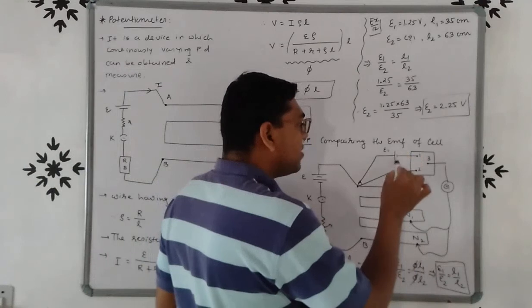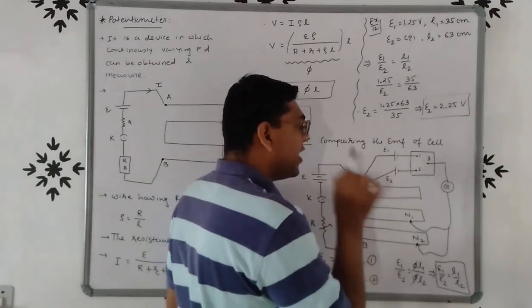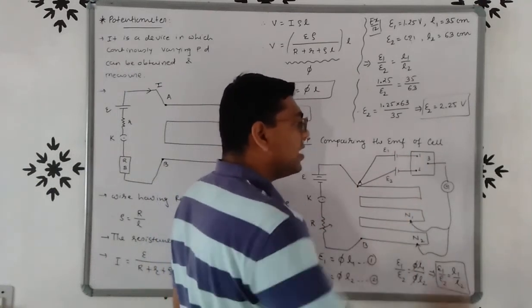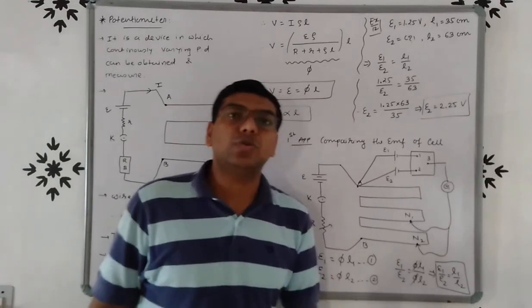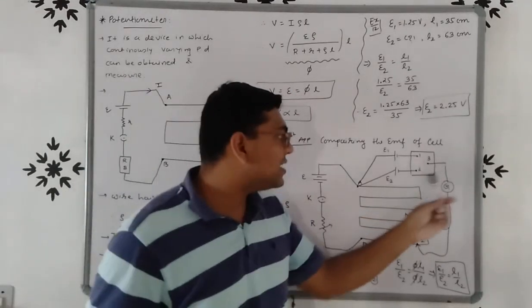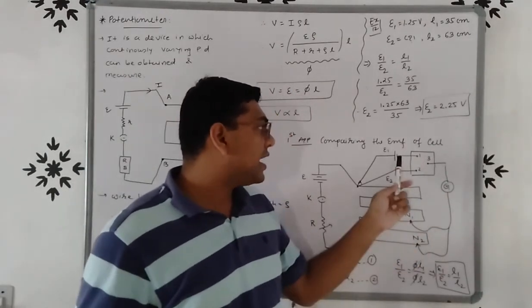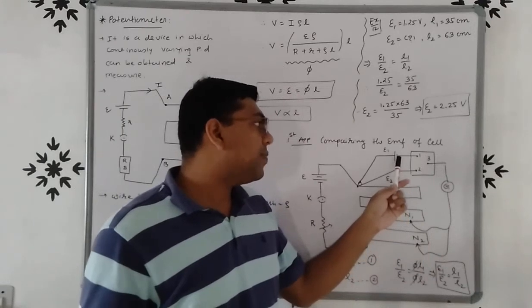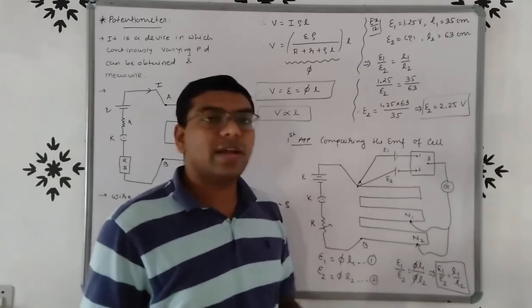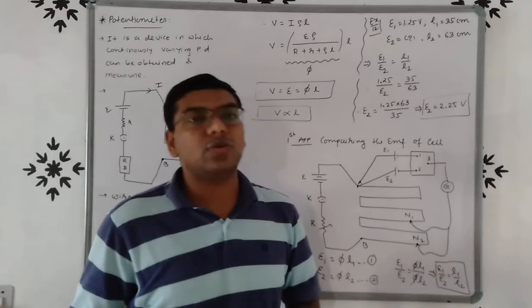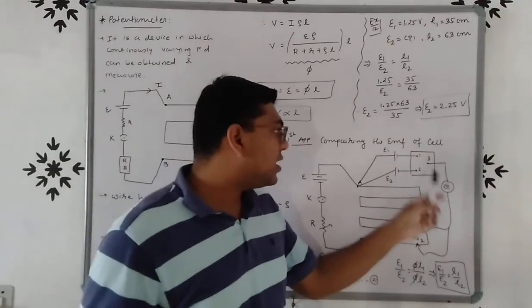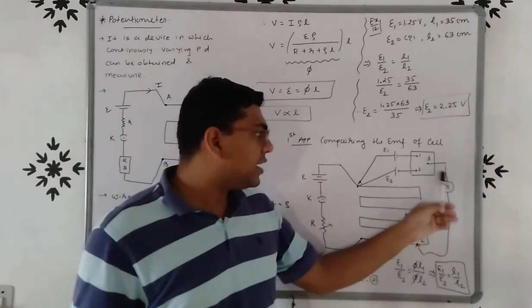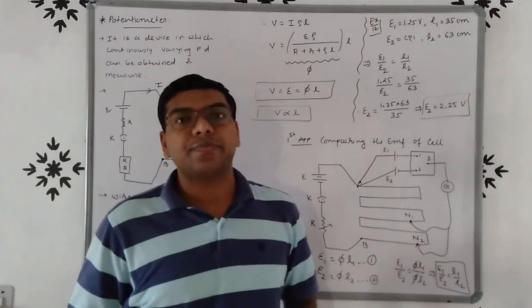The positive terminals of the cells are connected to point A and the negative terminals of the cells are connected to two terminals of a three-way switch. The negative terminal of cell E1 is connected to 1 and E2 is connected to 2. Then the third terminal of the three-way switch is connected to a galvanometer with jockey.